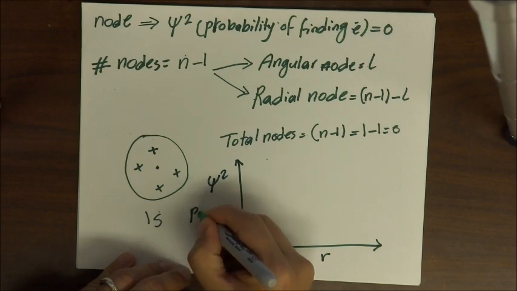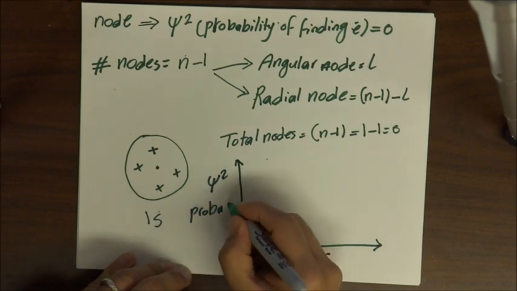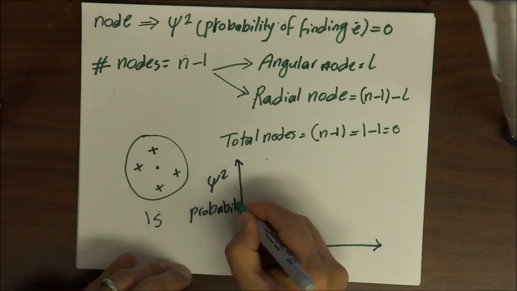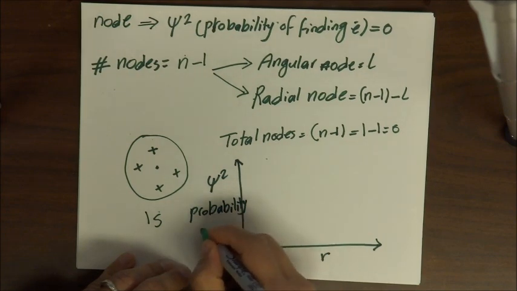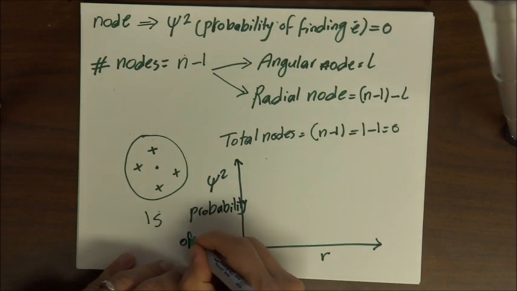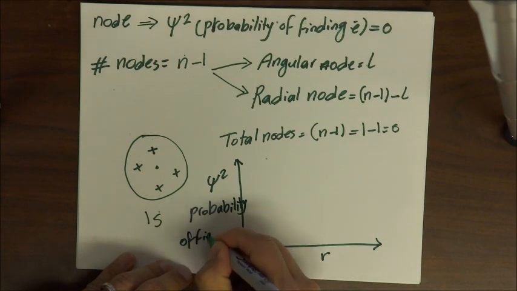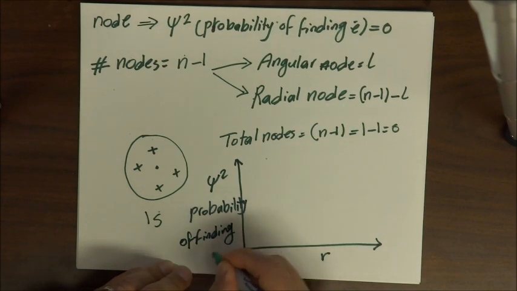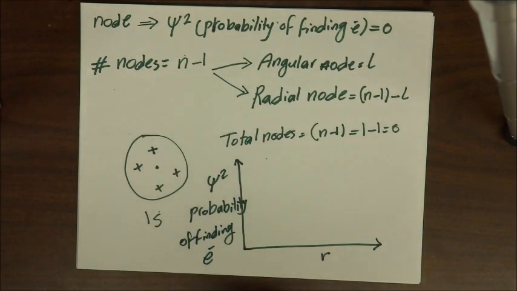Again, probability of finding an electron. So that is the probability, and here we have R.